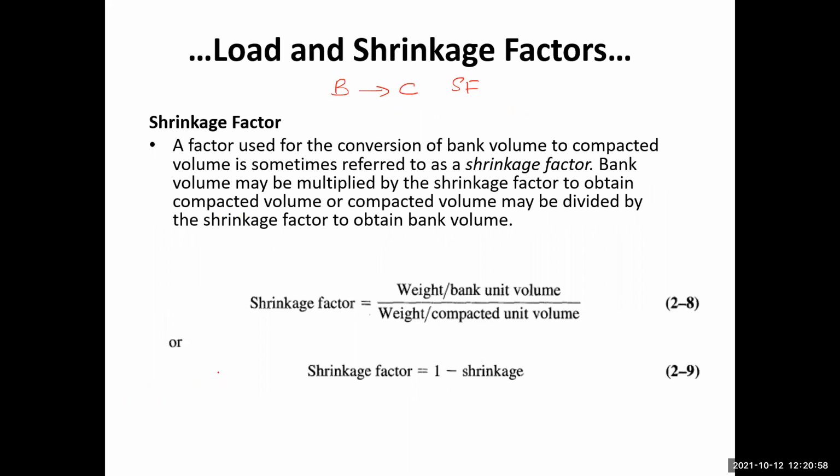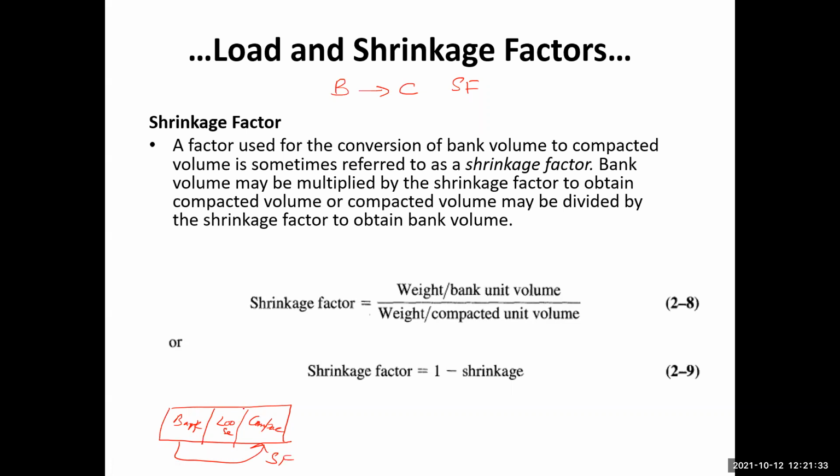For example, over here, if we have 3 boxes, that is the bank, the natural state, then loose, and then compacted. So from bank to compacted, that is the shrinkage factor, because from the bank condition to the compacted condition, the volume decreases.